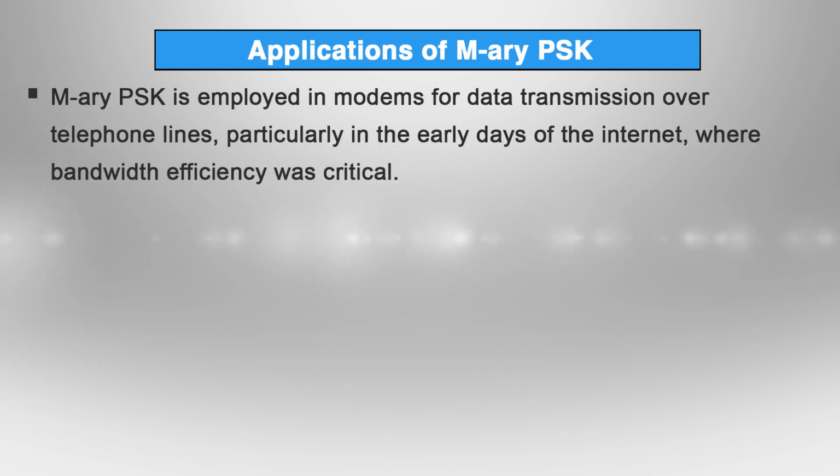Now, next application is that it is used in modern technology. M-array PSK is employed in modems for data transmission over telephone lines, particularly in the early days of the internet where bandwidth efficiency was critical.